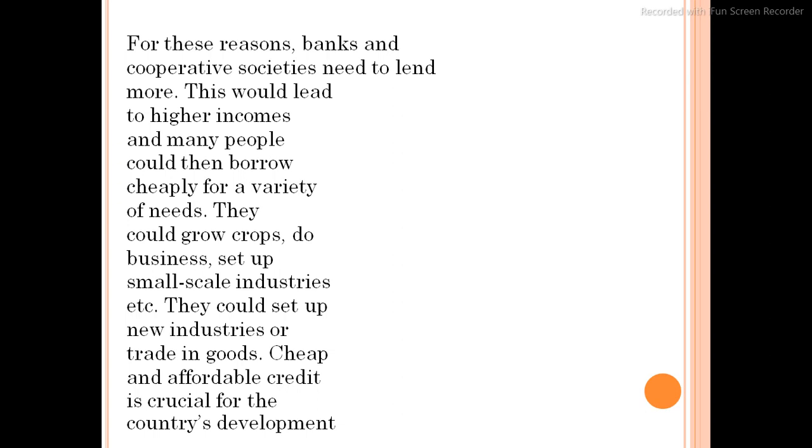Cheap and affordable credit is crucial for the country's development. So here, in a very simple word, it is clear that the formal sector has to take the lead, right? I hope the difference between the formal and informal sectors of the loan is clear to you.